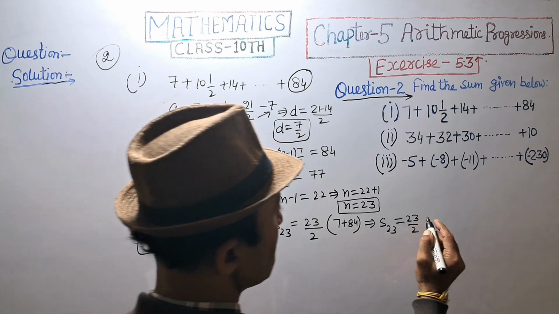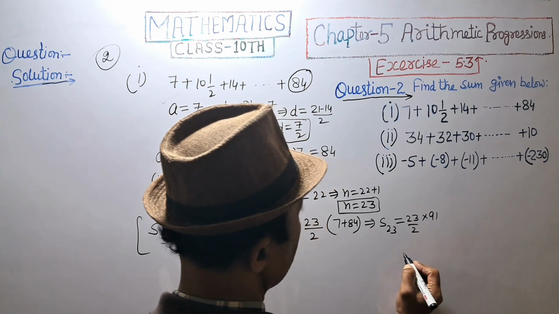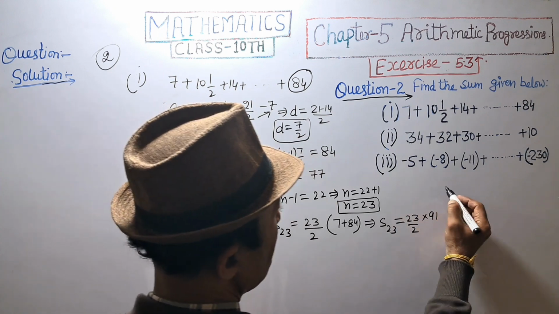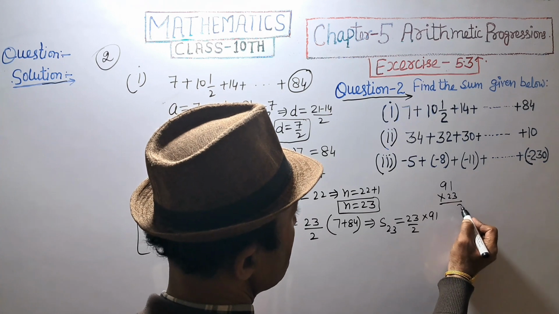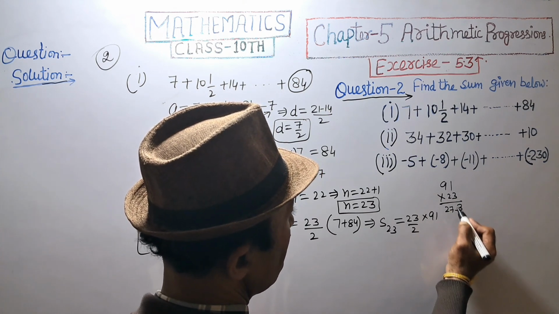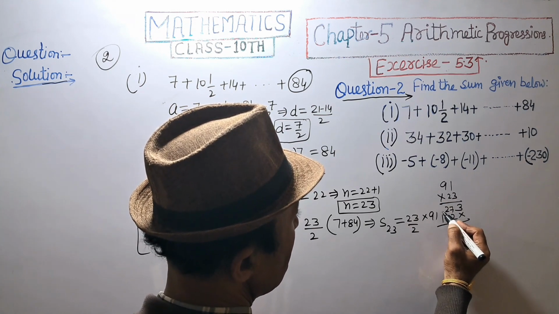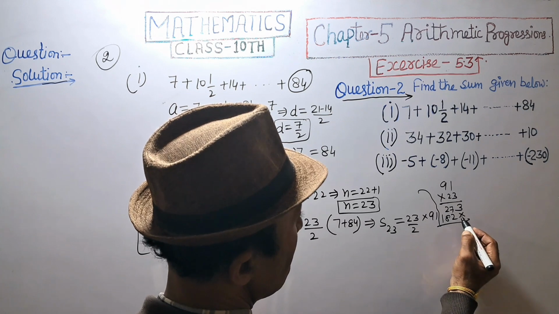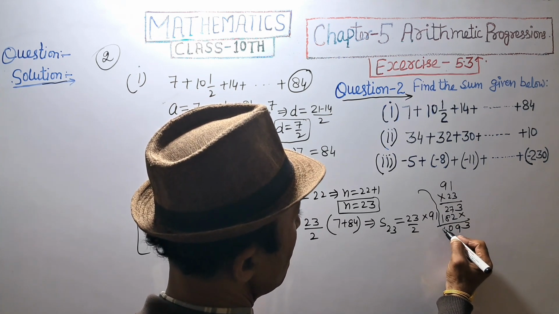This implies S23 is equal to 23 upon 2 into (84 plus 7), which is equal to 91. But 91 multiplied by 23: 3 ones are 3, 9 3s are 27, 2 ones are 2, 9 2s are 18, giving 2093.